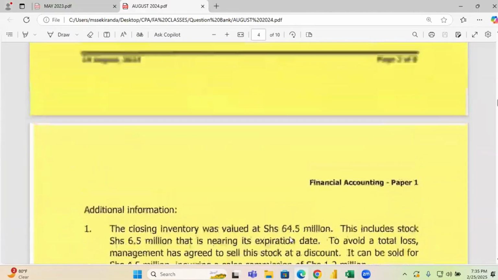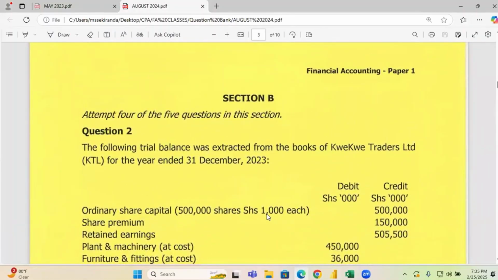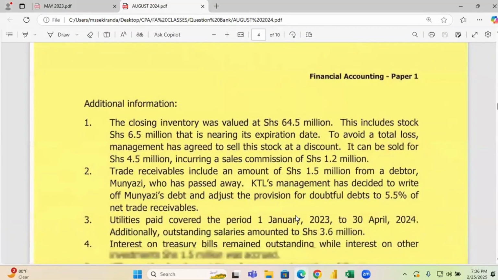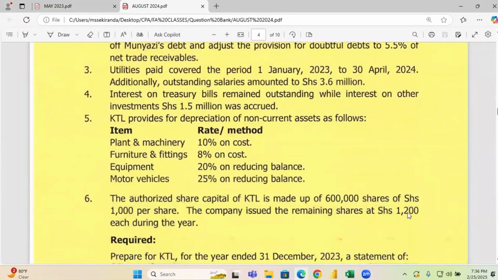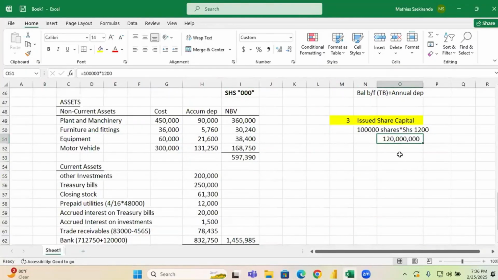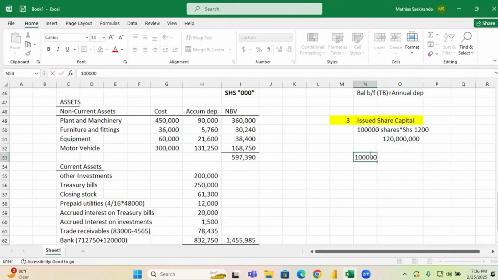It is a profit. Since the nominal value is 1,000 per share, the value at which share capital is stated, and we sold at 1,200, it means the 200 shillings, the excess of the nominal value, is the share premium. Are we together? Therefore, on this 120 million that was received, there is a portion of premium.